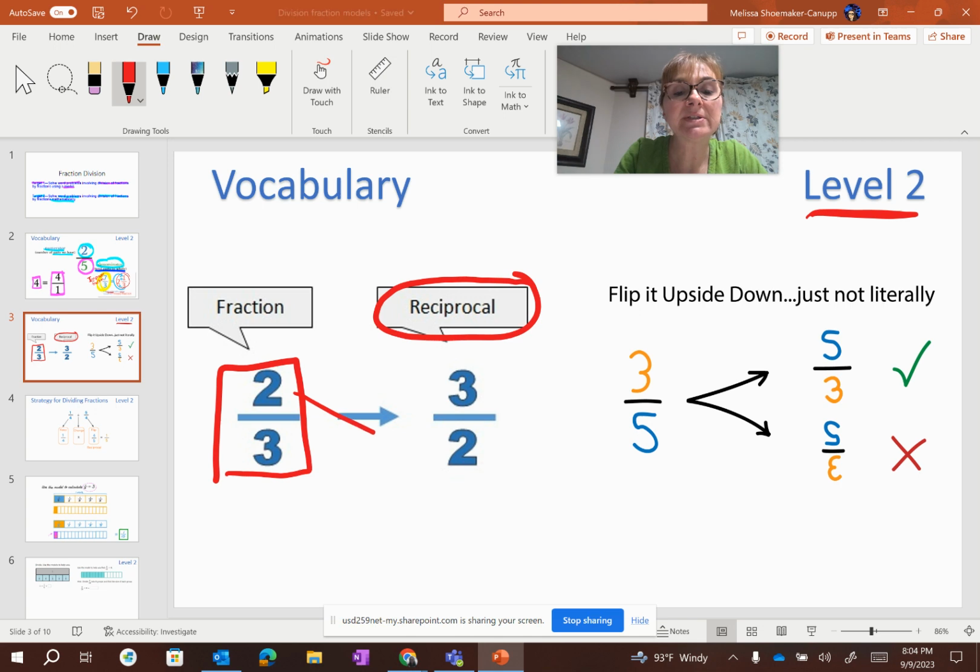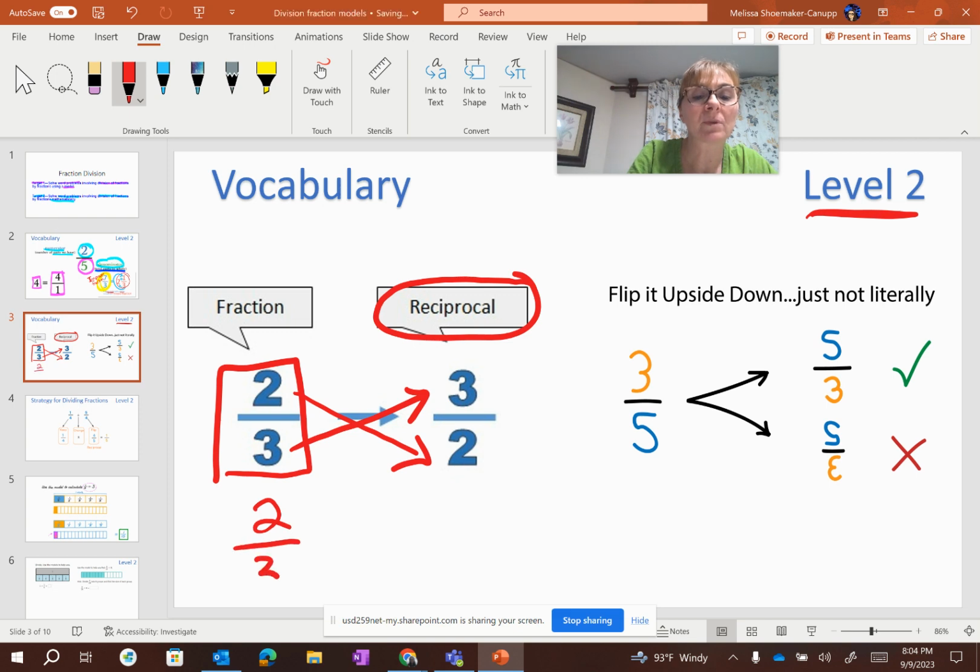If you'll notice, as I said, the numbers are just flipped around. Now, the fancy definition of reciprocal is that when you multiply the reciprocal by any fraction, you're going to get the number 1. Now let's test this.